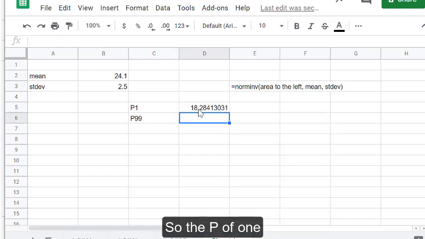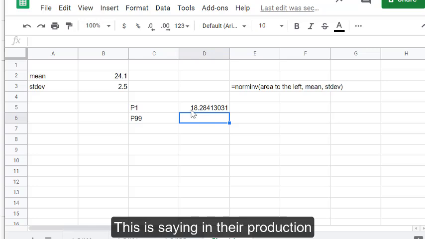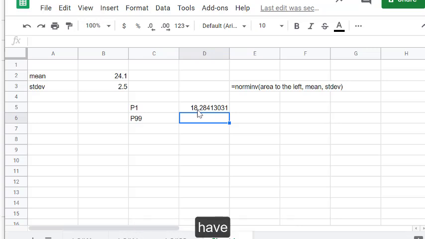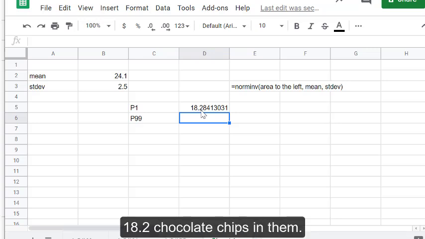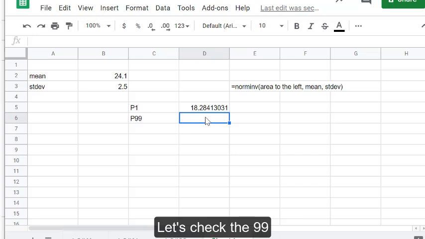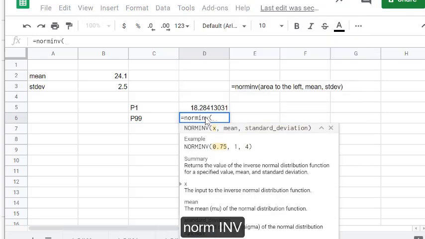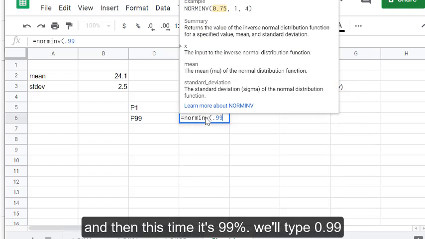So the P1 is 18.28. This is saying in their production about 1% of their cookies have 18.2 chocolate chips in them. That's a very small amount. Let's check the 99. We'll say equals NORMINV, and then this time it's 99%.